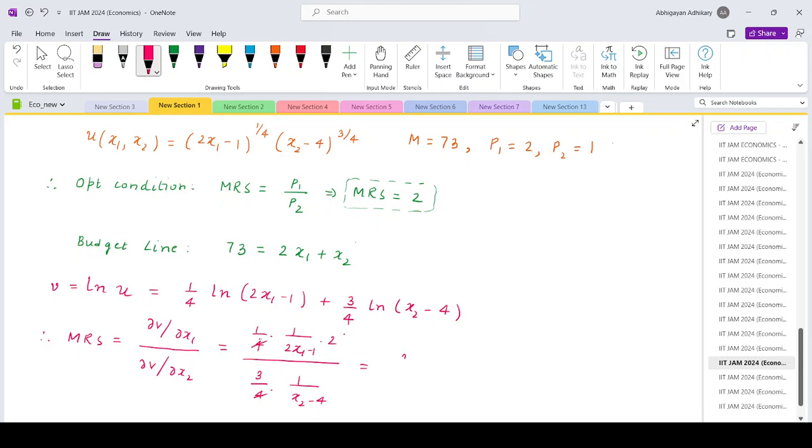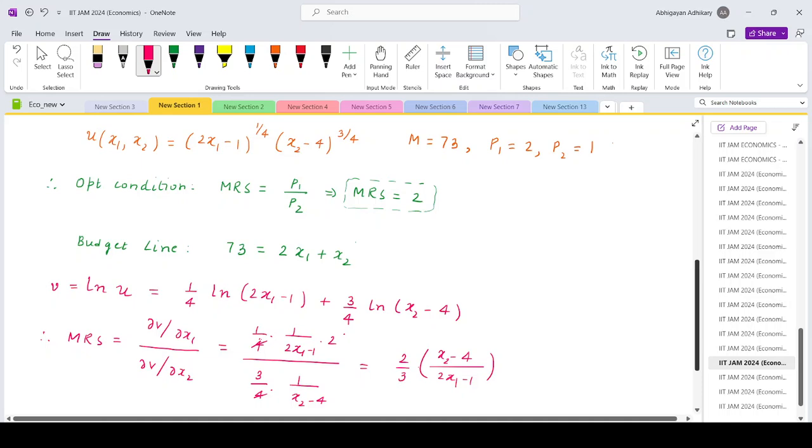So that makes it 2 by 3 times (x2 minus 4) by (2x1 minus 1).